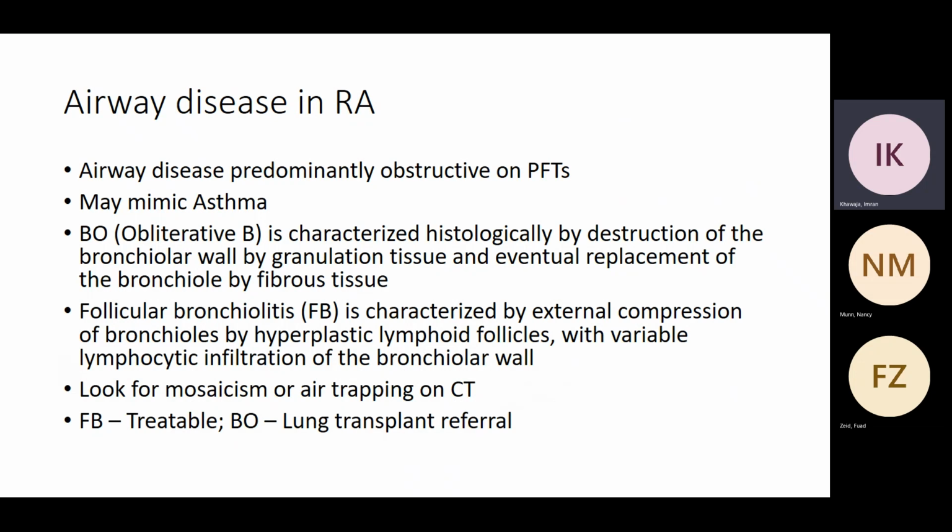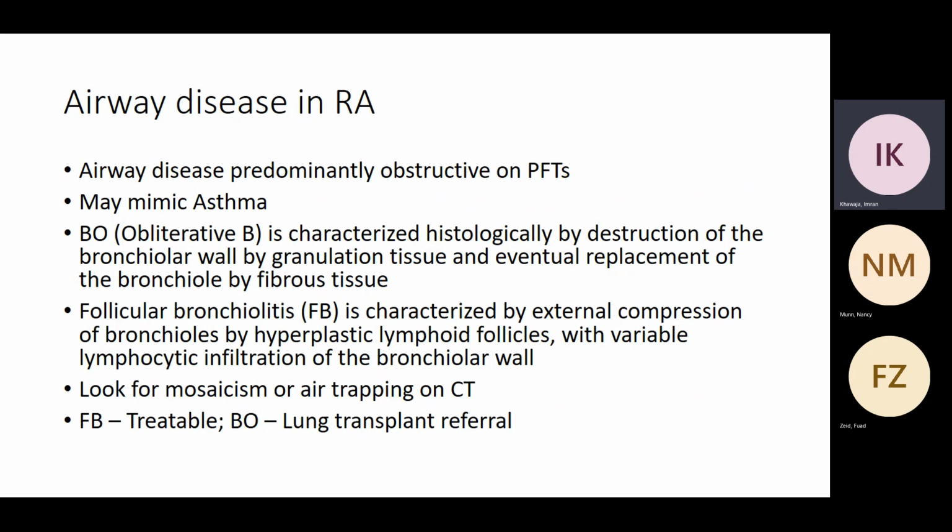Airway disease in rheumatoid arthritis is usually obstructive on PFTs. They mimic asthma. There are two types, obliterative bronchiolitis and follicular bronchiolitis. In the obliterative type, granulation tissue basically replaces the bronchioles with fibrous tissue, and the treatment will be lung transplantation.